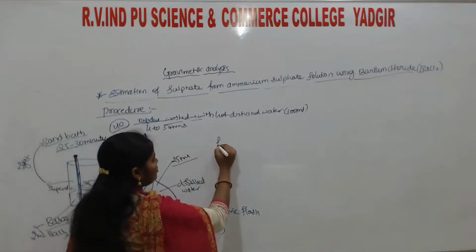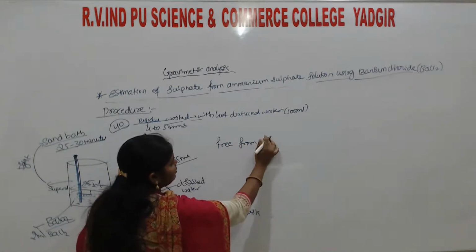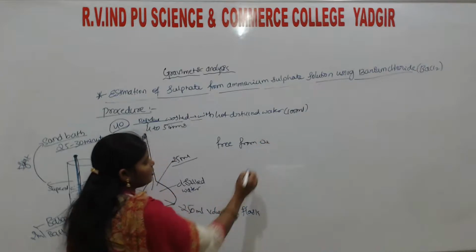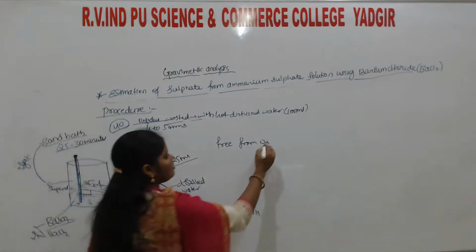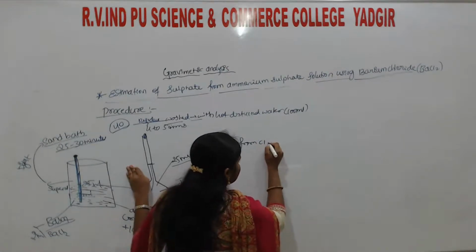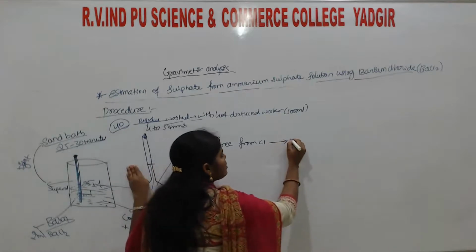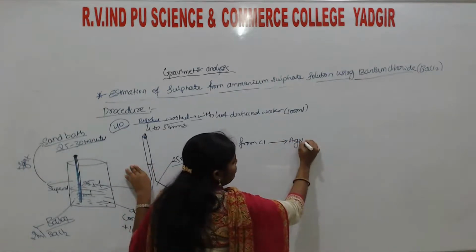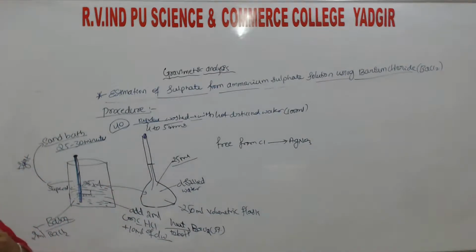Chloride ions are tested by adding 1 or 2 drops of AgNO3 solution to the last washings.